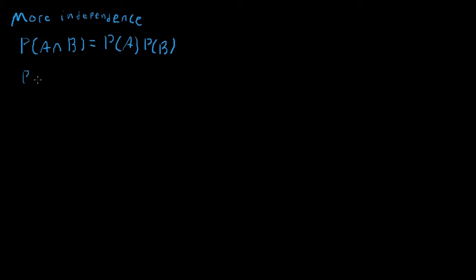Is it enough to say that the probability of A and B and C is equal to the product of P of A times P of B times P of C? This might be our first guess. So is this enough? Well, it turns out that it isn't, but it's part of what's required.